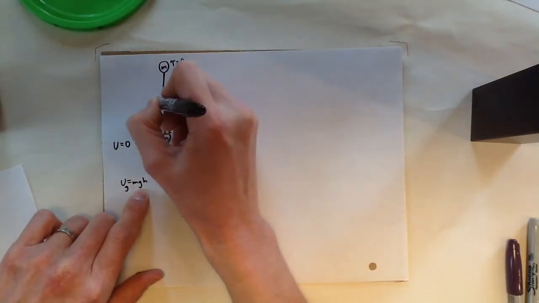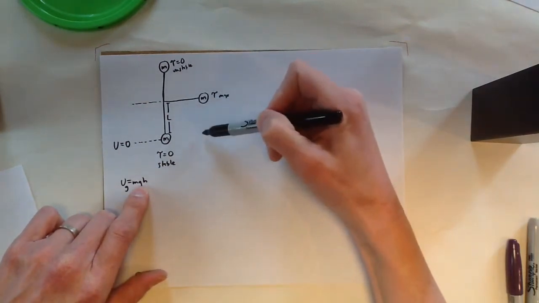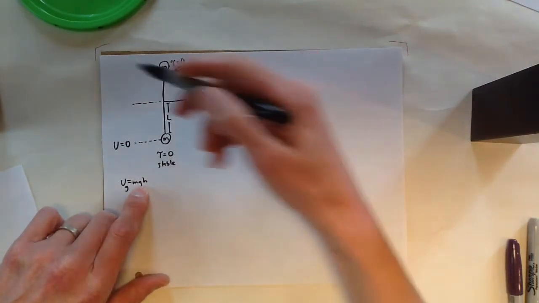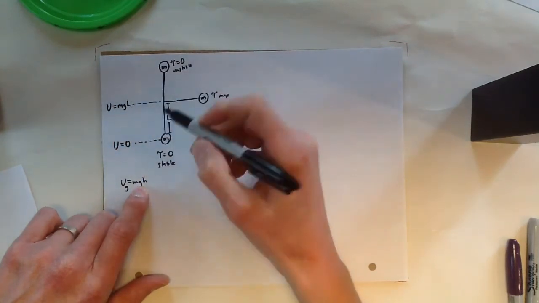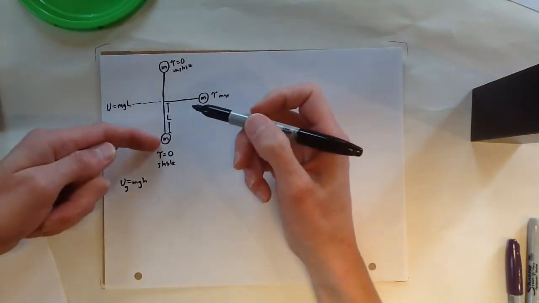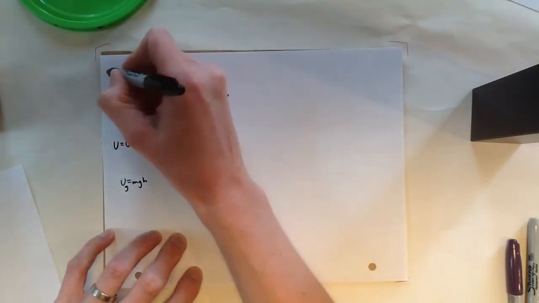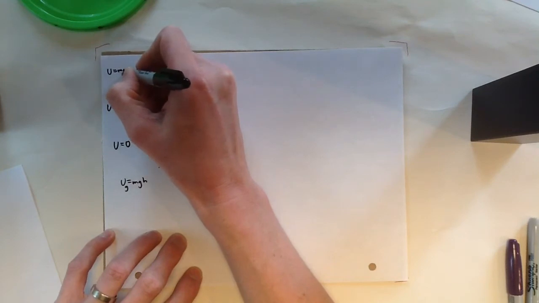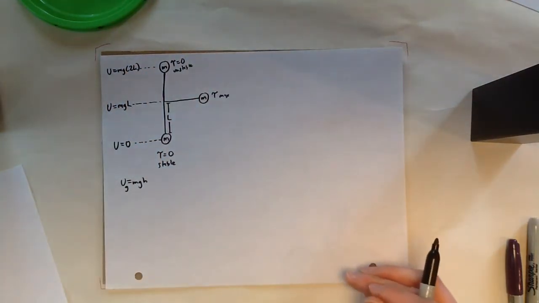So over here, that mass is L above the bottom, so you'd use mg times L. And then up here, that mass is 2L above the bottom, so you might use the potential energy mgh, and now h is 2L. Now, there's nothing wrong with that.